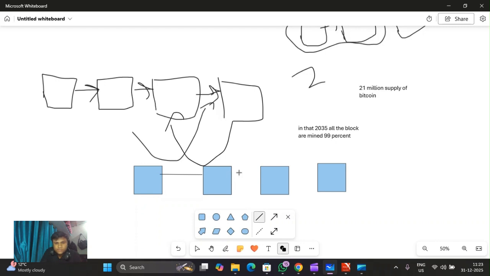This is a block system. When a block is said to be mined, all the transactions will be compiled into that block, and after that it is said that the block is mined.